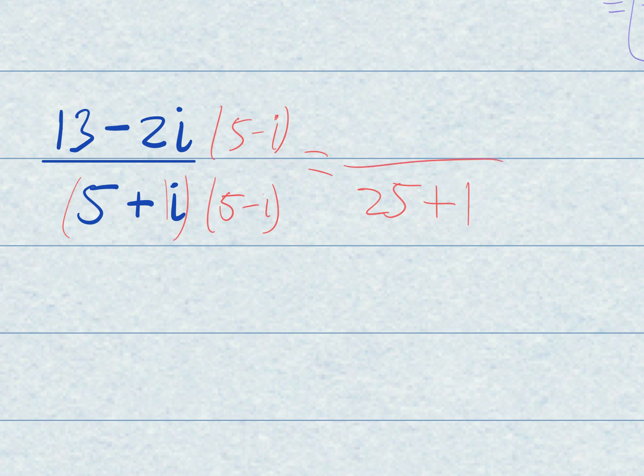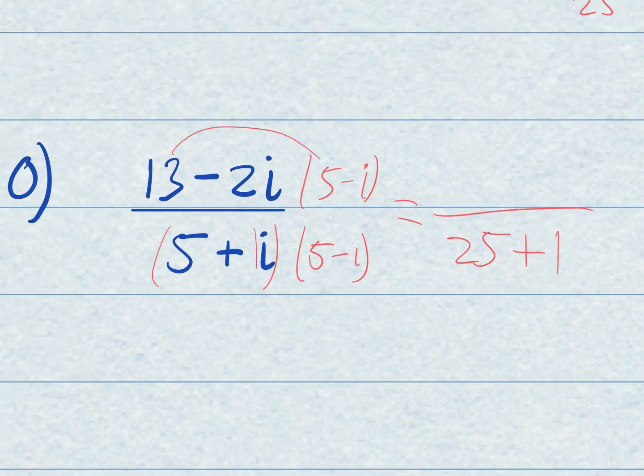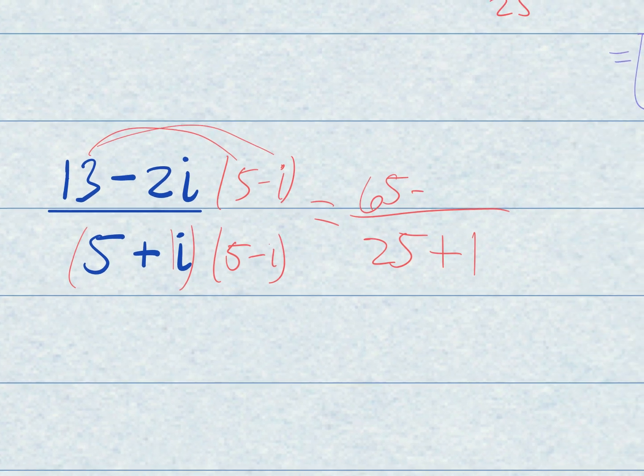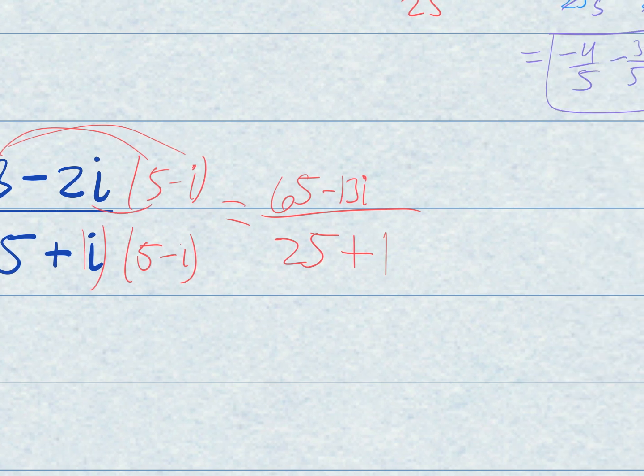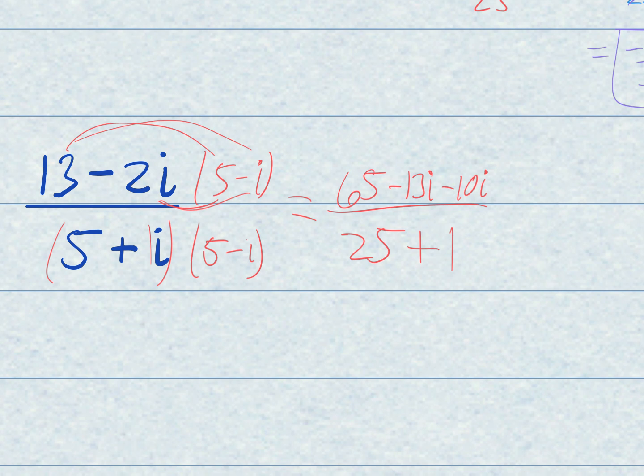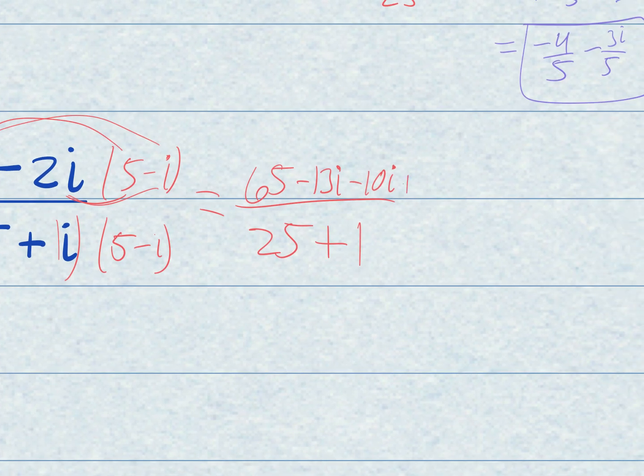And then on the top, we want to FOIL. 13 times 5 should get you 65. 13 times negative i should get you negative 13i. Negative 2i times 5 is going to get you negative 10i. And then negative 2i times negative i is going to get you plus 2i squared.